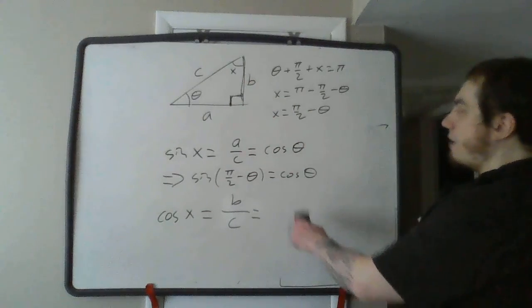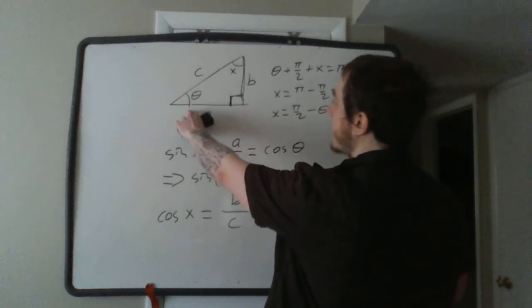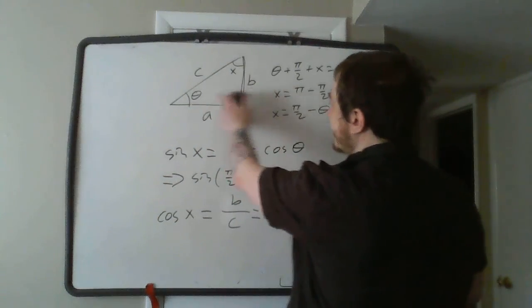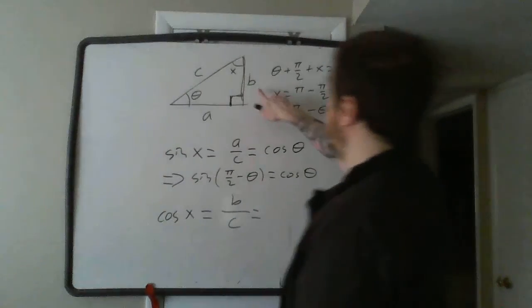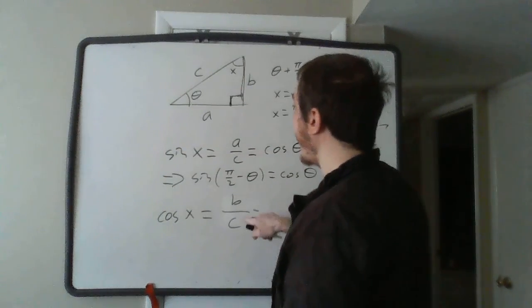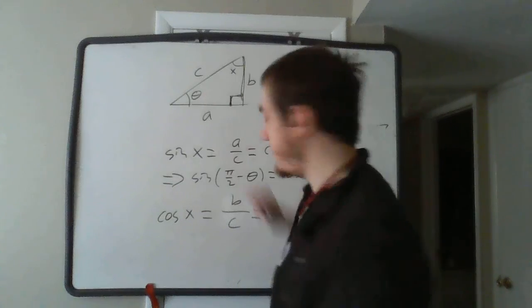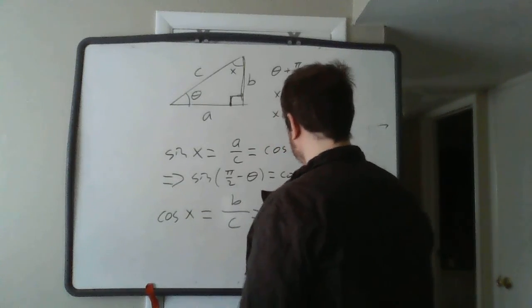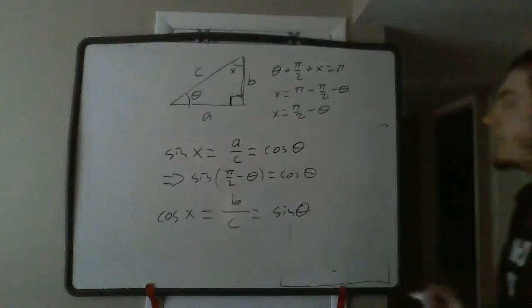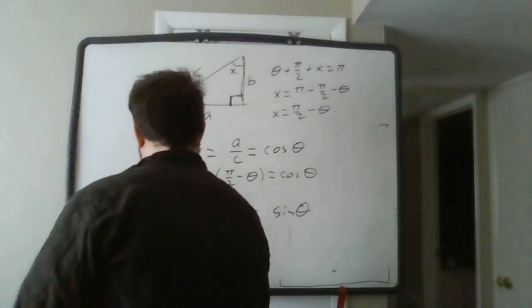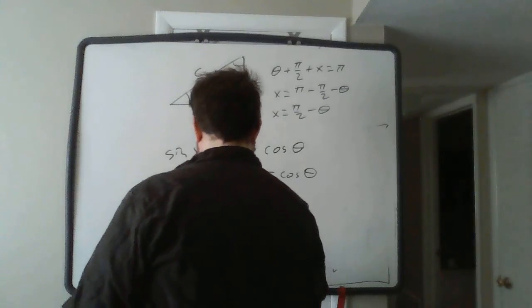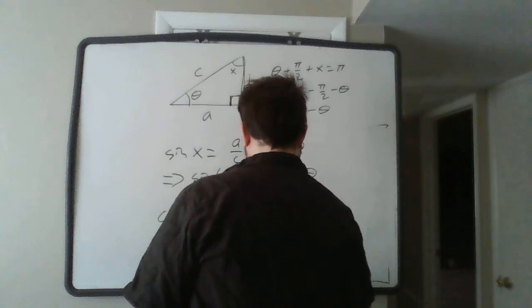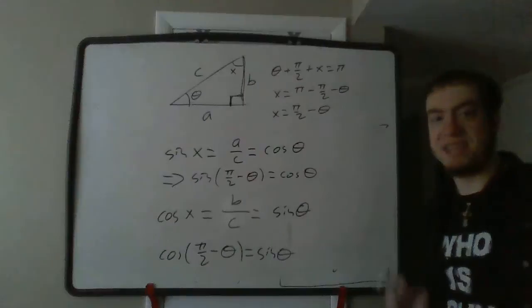How could I relate this back to the sine and cosine of theta? B is the opposite side here. So B over C is actually just the sine of theta. And this tells me that the cosine of pi over 2 minus theta is equal to the sine of theta.